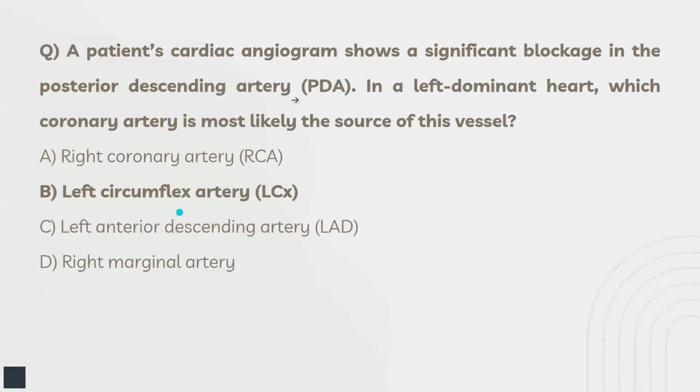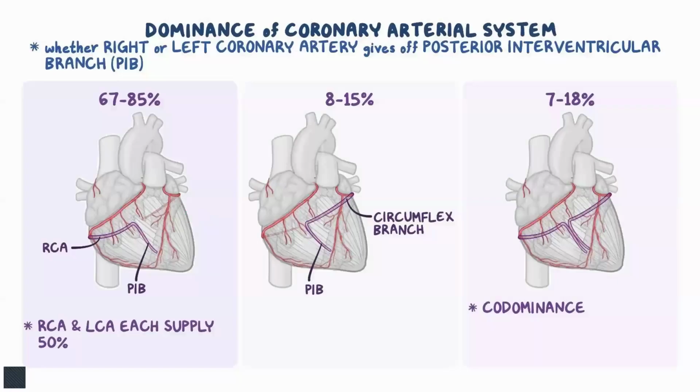Now, it says left dominant, so why not the LAD? Because it comes from the left coronary artery as well. Well, the LAD is mainly responsible for, sorry, I'm on the wrong diagram. The LAD is mainly responsible for supplying blood to the anterior surface. The left coronary artery branches off into the LAD and the left circumflex, and the left circumflex wraps around the heart and goes to the inferior wall or the posterior surface of the heart.